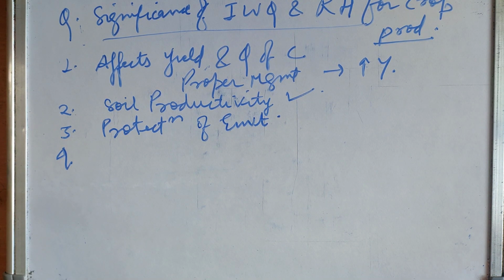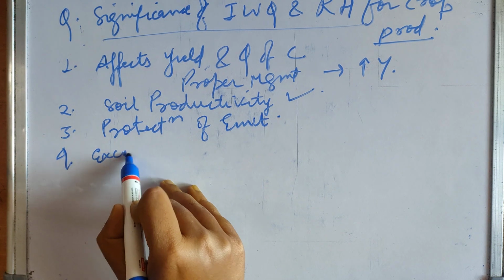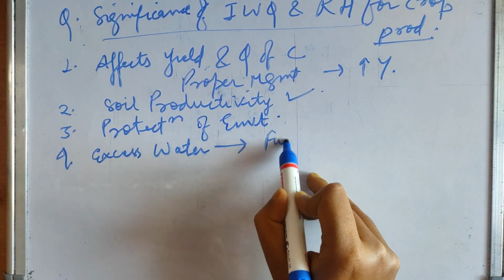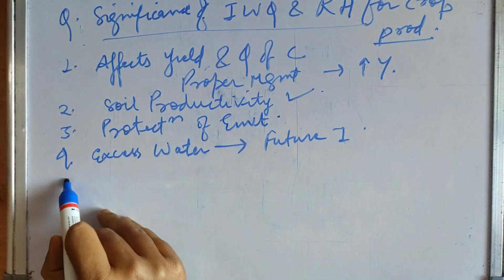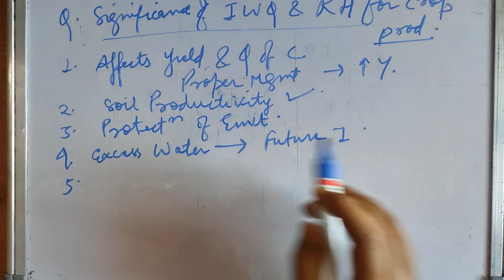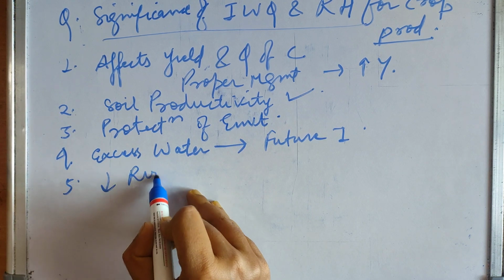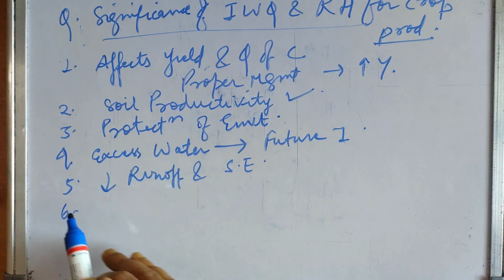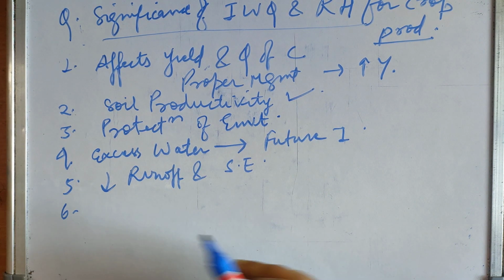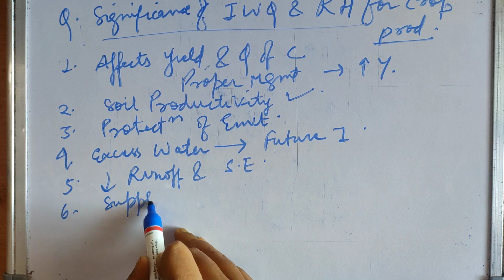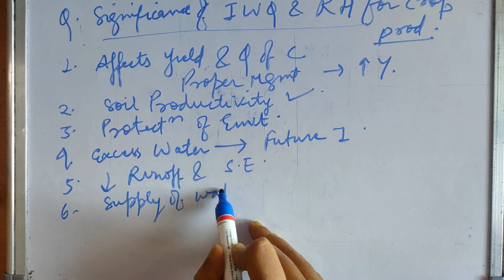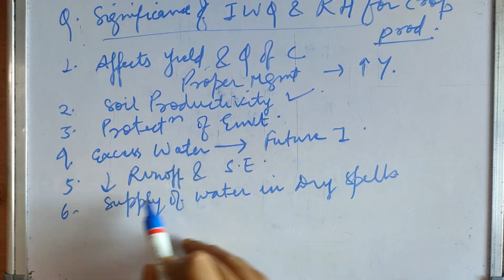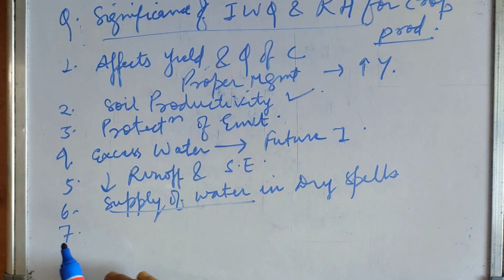Excess water can be stored for future irrigations through rainwater harvesting. It will reduce runoff and soil erosion. Supply of water in dry spells: when there are dry spells, we will have enough water as we have harvested it.